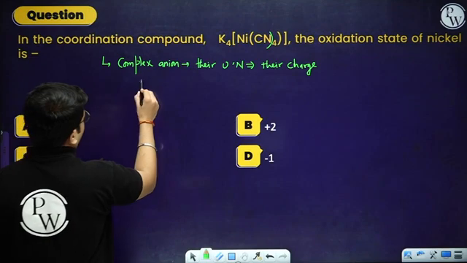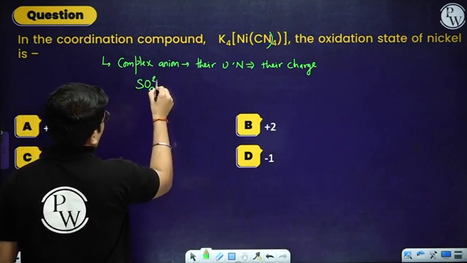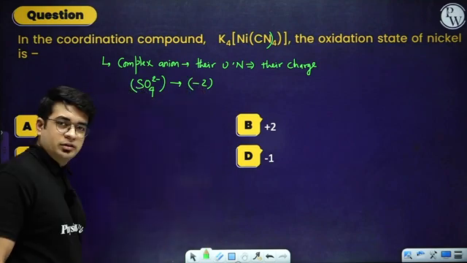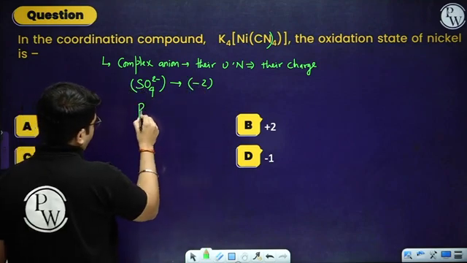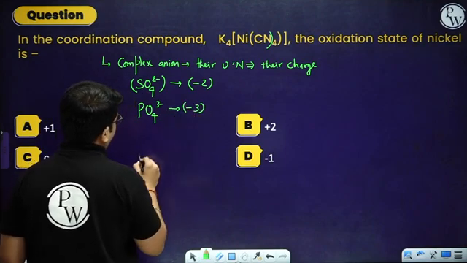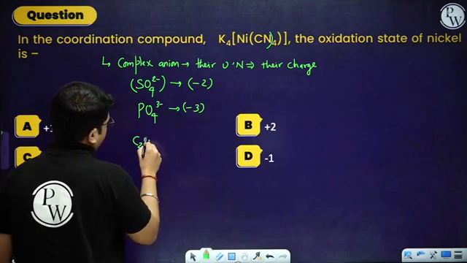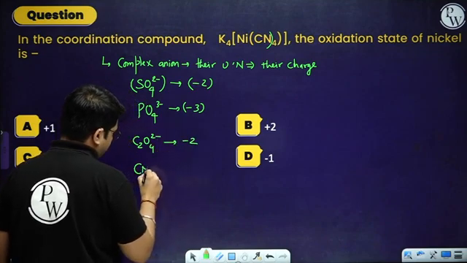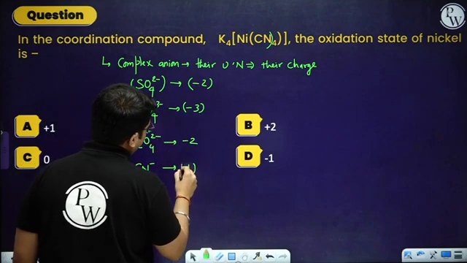So let's say in case of SO4 2 negative, for sulfate the oxidation number will be -2, their charge. In case of phosphate it will be -3. In case of oxalate that will be -2. In case of cyanide that will be -1.